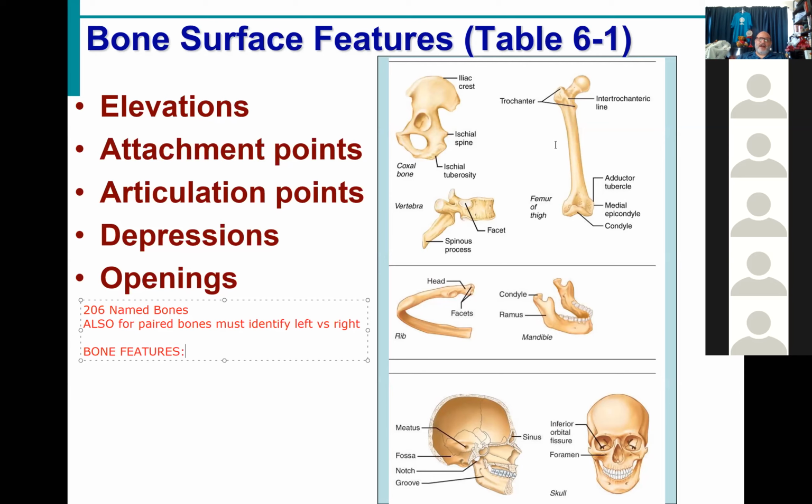If you haven't printed it out, then go to your modules, look at your study guide, and tell me how many bone features of the frontal bone you are responsible for. 1. Excellent. How many bone features of the ethmoid bone are you responsible for? 7.